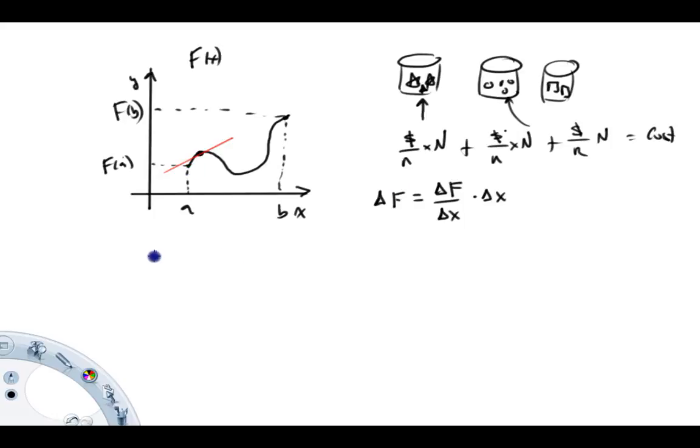Now, f of b, whatever it is, has to equal f of a plus the total change in f as we go from a to b along this curve. The total change in f is the sum from i equals 1 to n of this expression, delta f over delta x times delta x.